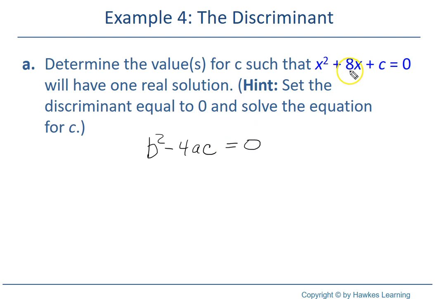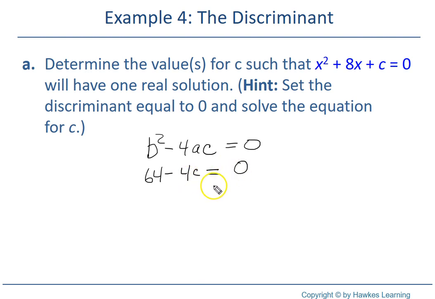So b is 8, so this is going to be 64 minus 4, and we know that a is 1, so that's going to equal, and then there's a c here, and that's going to equal 0.